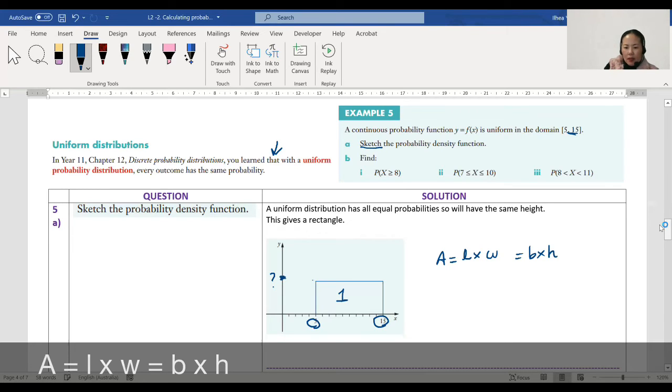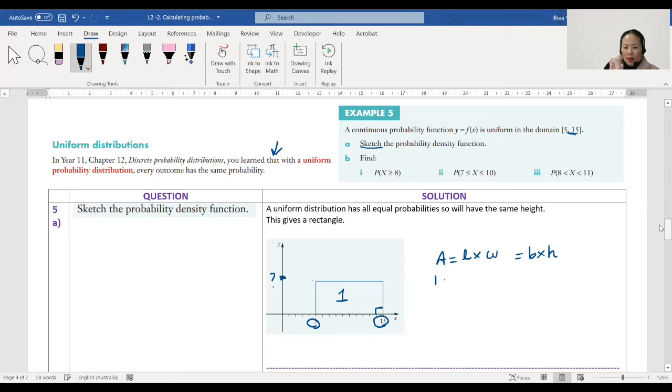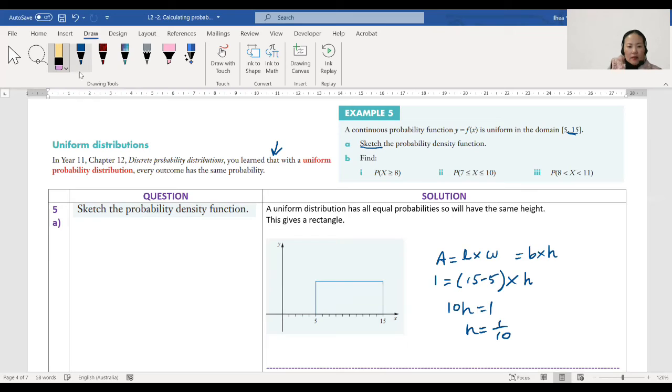I know that area is 1, my length is 15 take away 5, times the height. That would be 10h equals 1, so h is 1 over 10. So my y value is 1 over 10. That's all I need for my sketch to be perfect.